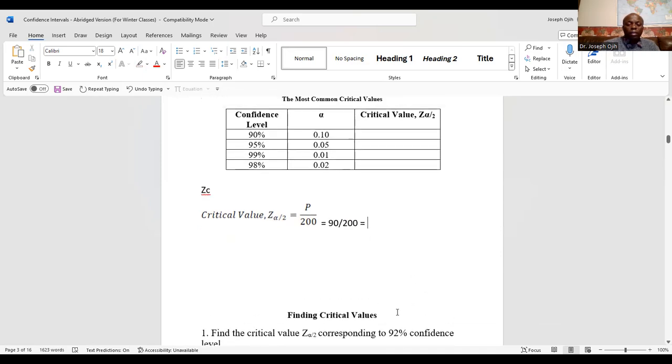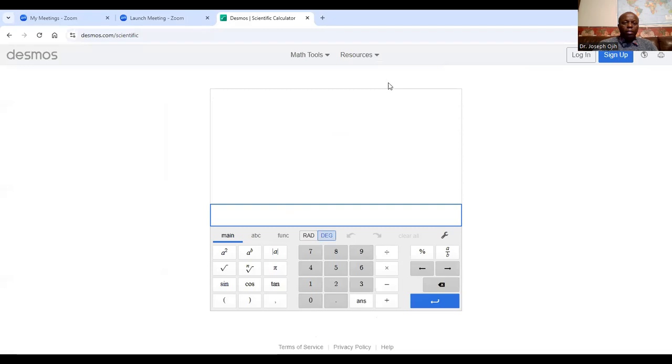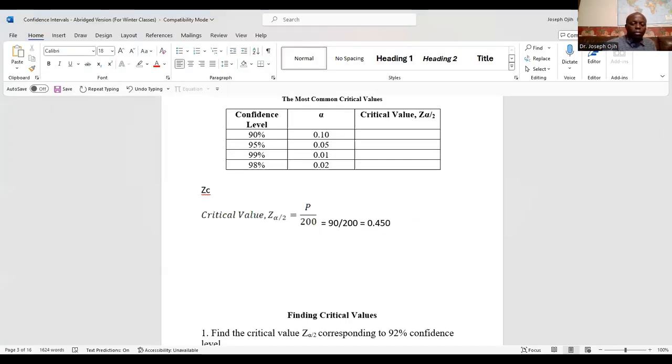We can now look at our calculator. 90 divided by 200 gives 0.45. Now we look for this value on the table of normal distribution. Remember I mentioned that you should print it.